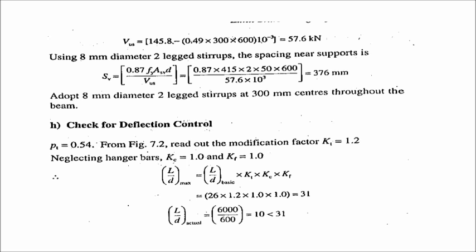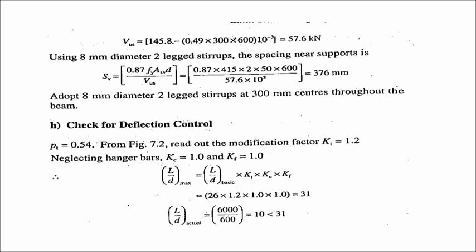Using 8 mm diameter 2-legged stirrups, the spacing near supports is Sv is equal to 0.87 fy Asv d by Vus. We substitute the fy, Asv, d and Vus values and get 376 mm. Adopt 8 mm diameter 2-legged stirrups at 300 mm throughout the beam. This gives the spacing of the 2-legged stirrups.